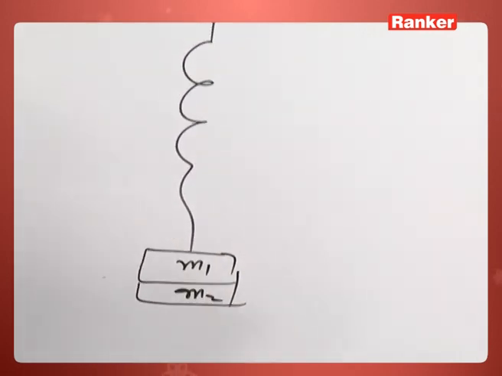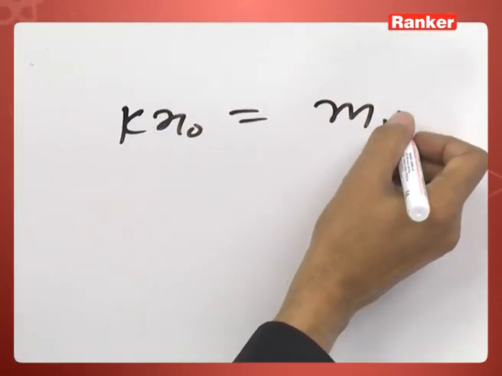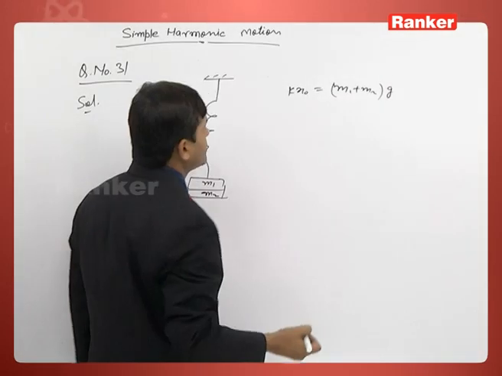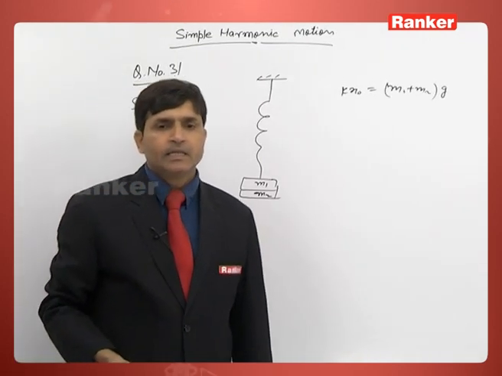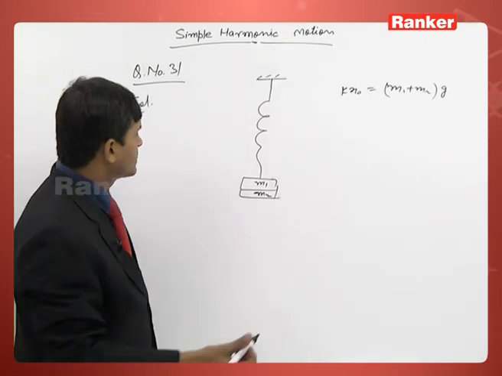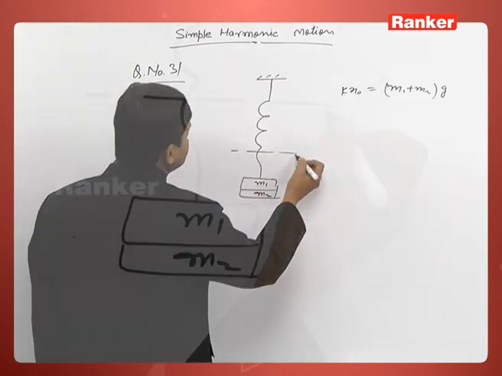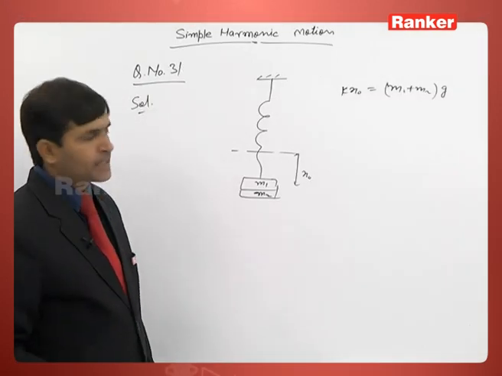So the spring force K x naught in equilibrium equals M1 plus M2 into g. So x naught is the elongation. Now they are saying mass M1 is removed. If we are removing the mass M1, this is the value of x naught.